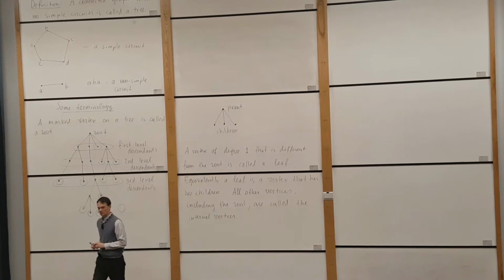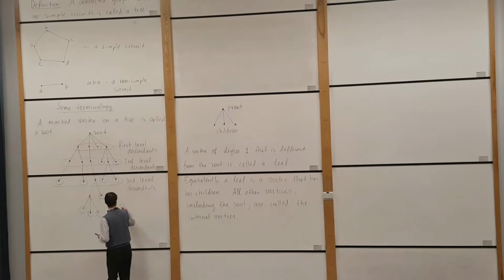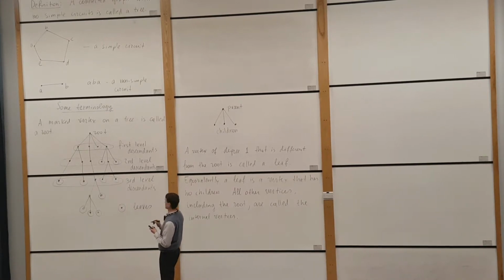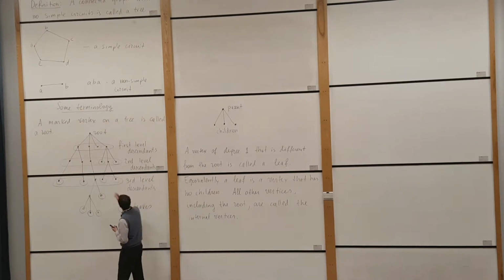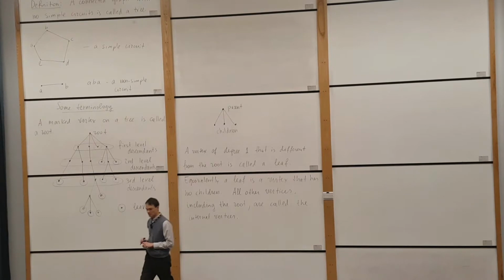Such vertices surrounded by blue circles are leaves. Sorry, it's the correct spelling; sometimes I'm not very certain. The rest of the vertices, which I have not circled in blue, are the internal vertices.